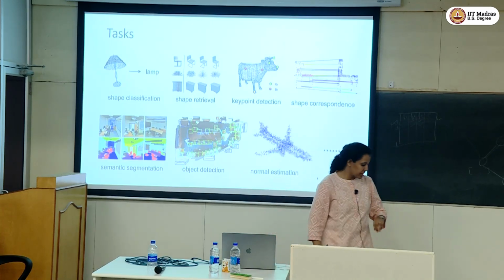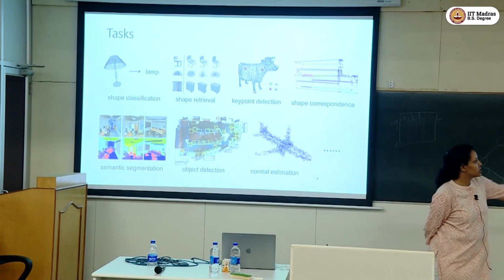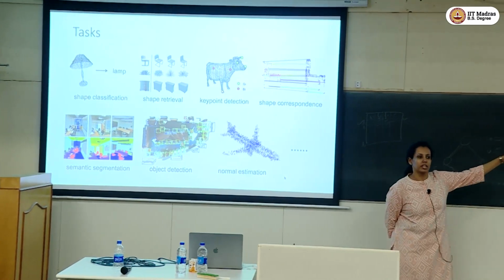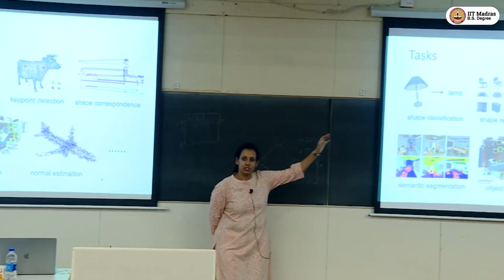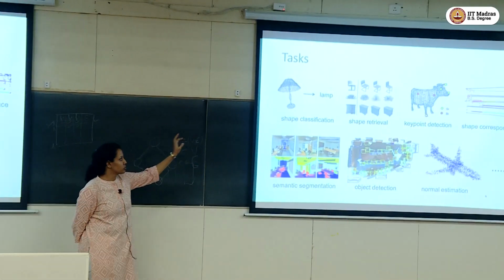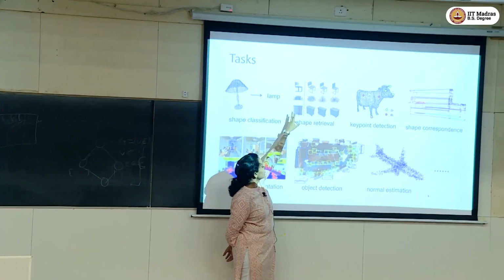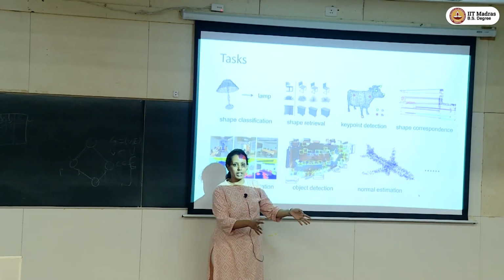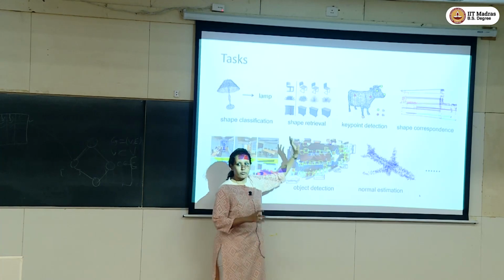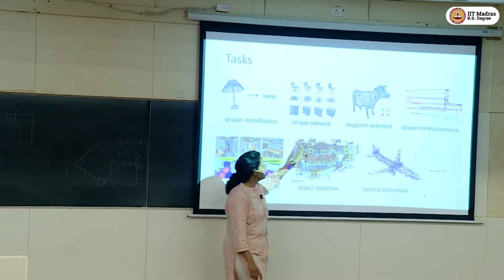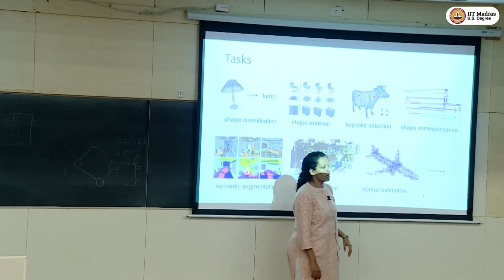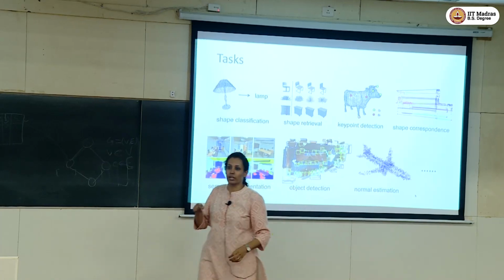These are some of the tasks that we perform with 3D. Shape classification is usually done with a single object. Let's say this is a lamp, this is a chair, car, table, and so on. This is shape retrieval, where I have this chair and a database of 3D models, and I retrieve similar models. This is keypoint detection, where you have important landmark points.